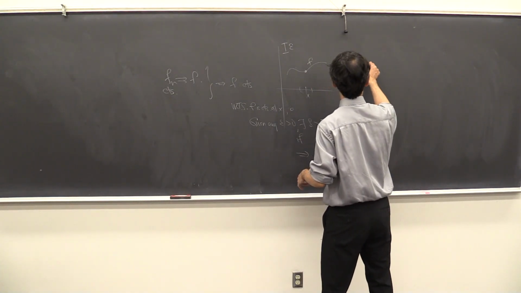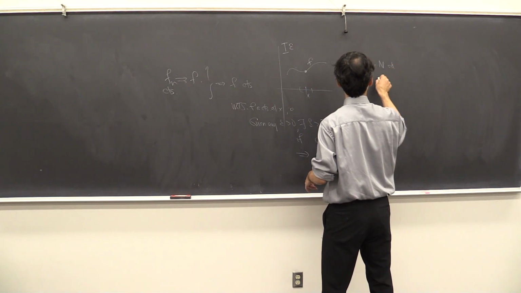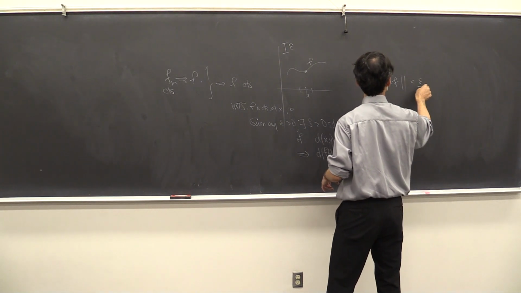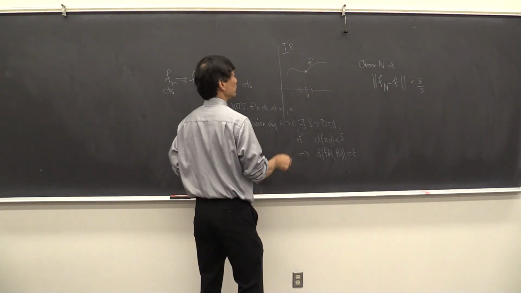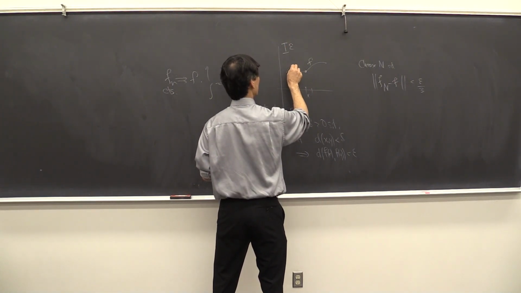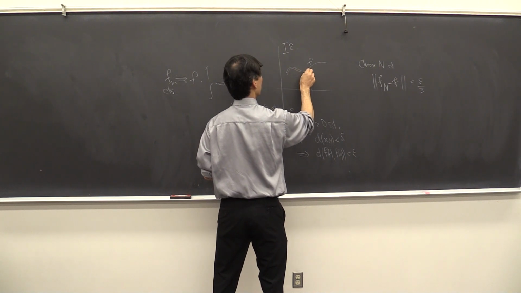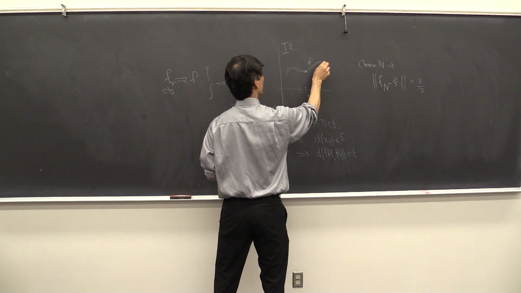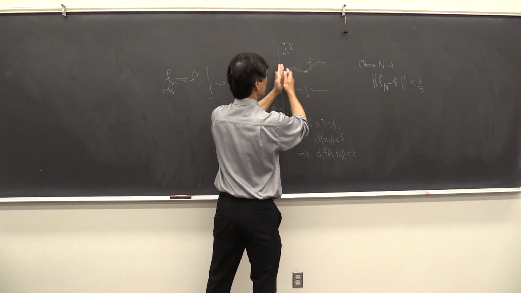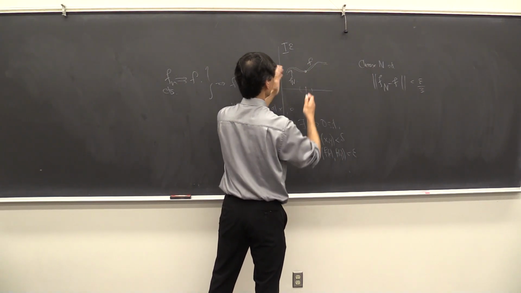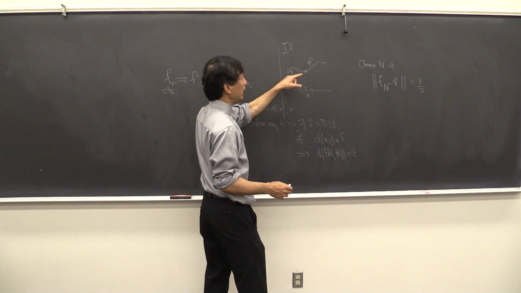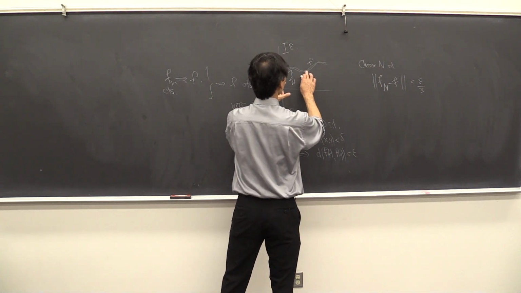So choose n such that the distance between f sub n and f is smaller than epsilon over 3, say. So I know that there's somebody close by, f sub n, and its difference from f over the whole space is always smaller than epsilon over 3. And I know that f sub n is continuous.